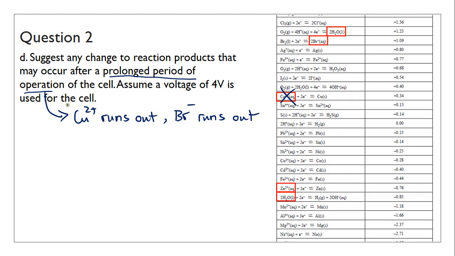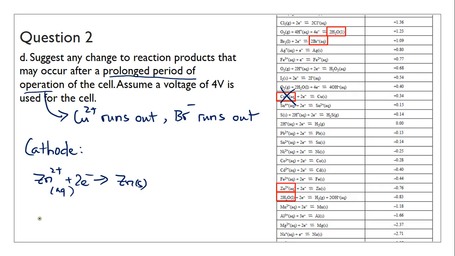So at the cathode, you're going to have reduction of zinc ion to produce zinc. And if you leave it for long enough, there is a possibility that eventually the zinc ions will also run out and then you would get reduction of water.